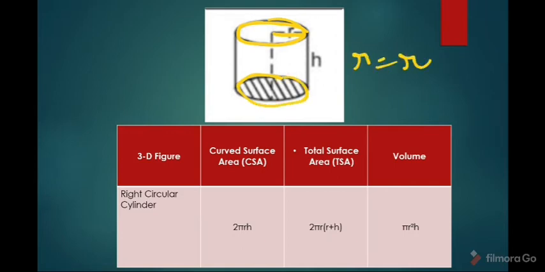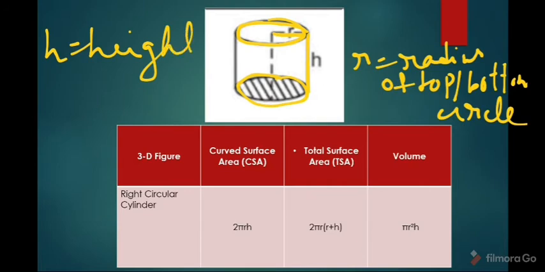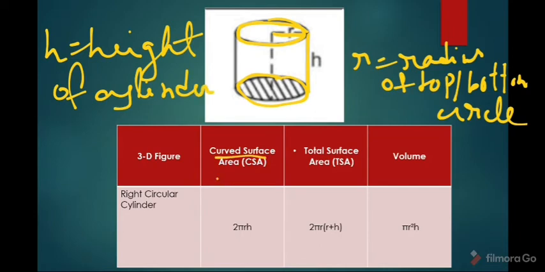Both will be the same. And h is the height of the cylinder. So curved surface area means the area of this round surface.